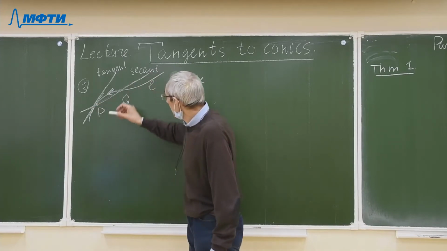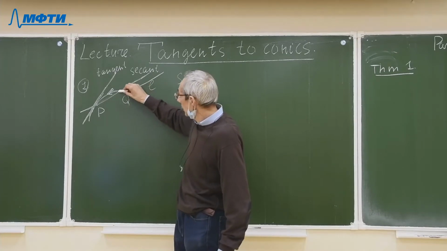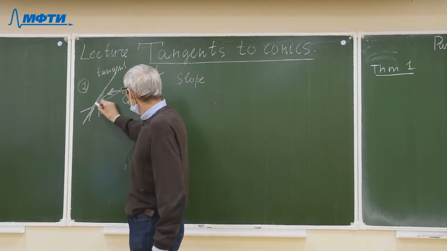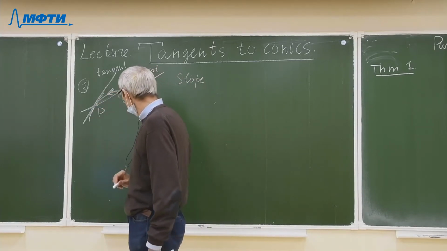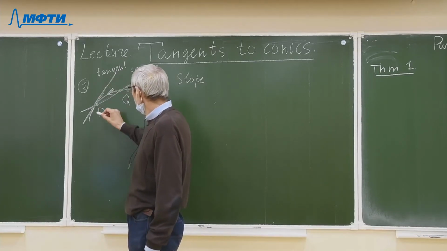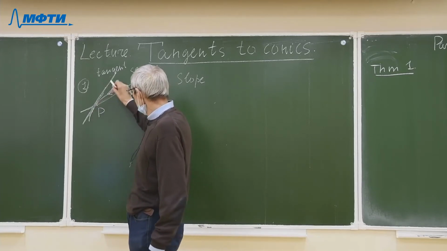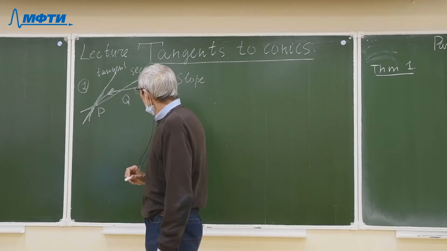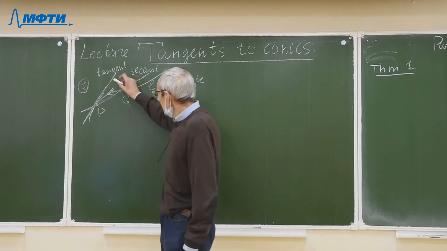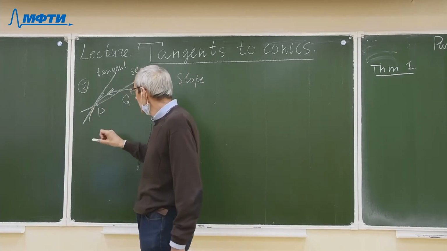And let the second point Q go to P, and in the limiting position, the secant coincides with the straight line which has only one common point with the curve, and this second line is called the tangent straight line. We suppose that this curve is smooth.